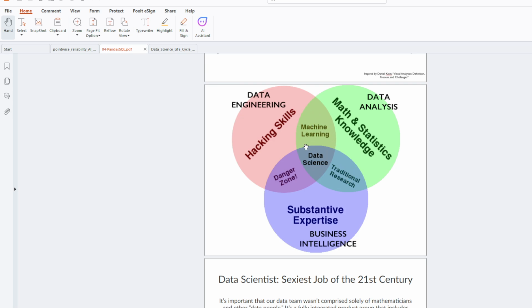Now, at the intersection here, you could see where data science lies. We have the hacking skills, we have the mathematics and statistics, the traditional research approach, and there is also the danger zone, where you could find other knowledge that is not relevant to you.